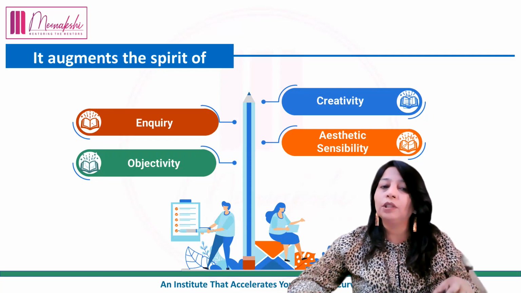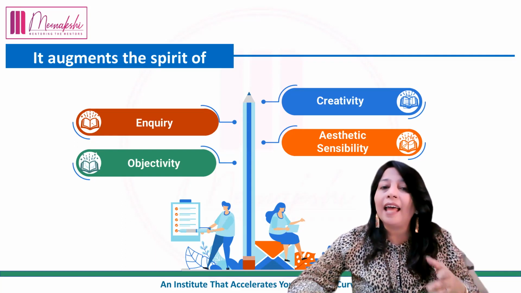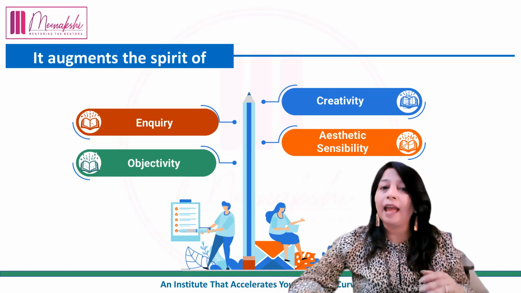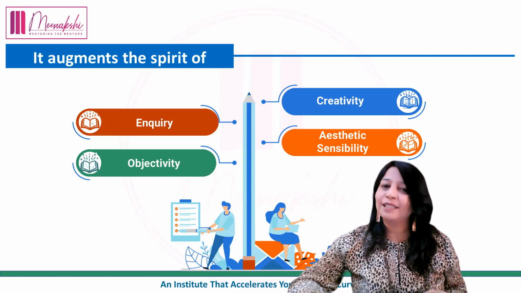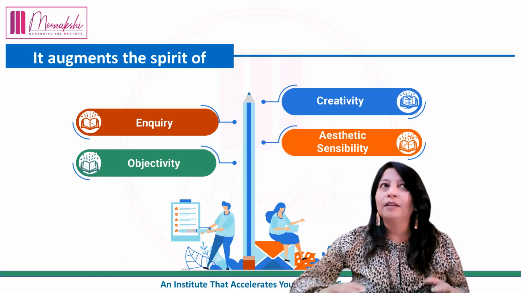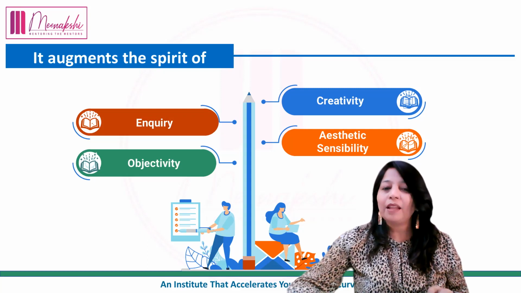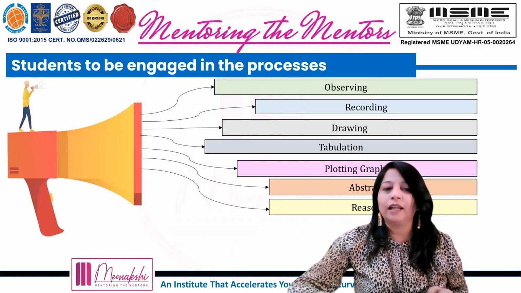We should ask our children to look into the minute details of things, analyze them objectively, and come up with new ideas. That's how we can encourage them to be creative. We need to focus on their aesthetic sensibility as well by involving them in different sorts of activities. So here you go, my dear educators.